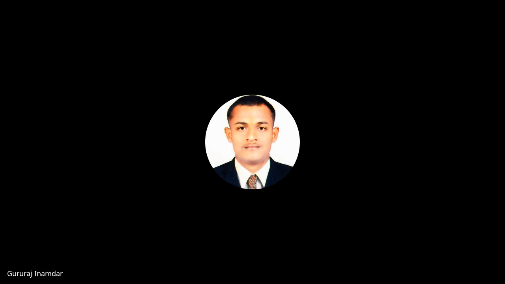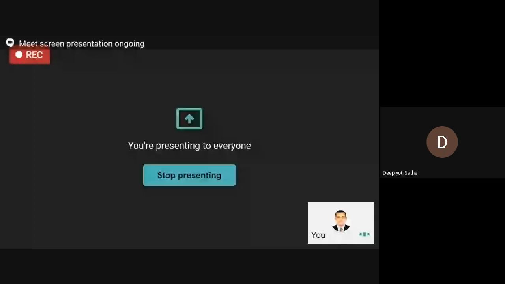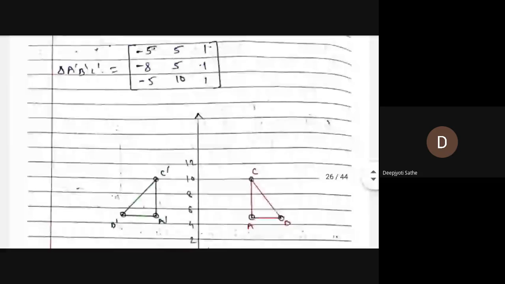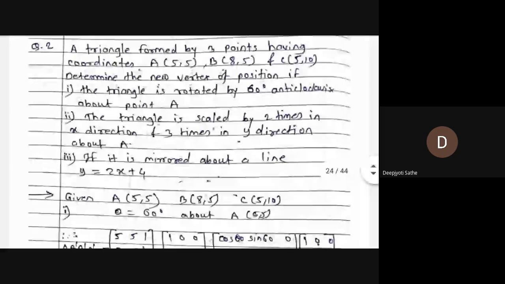Okay. So in the given problem, the triangle is rotated about a point. We have to rotate the triangle about a point.